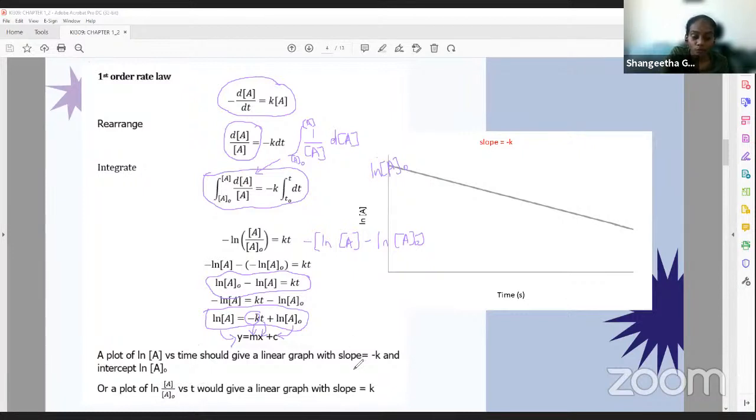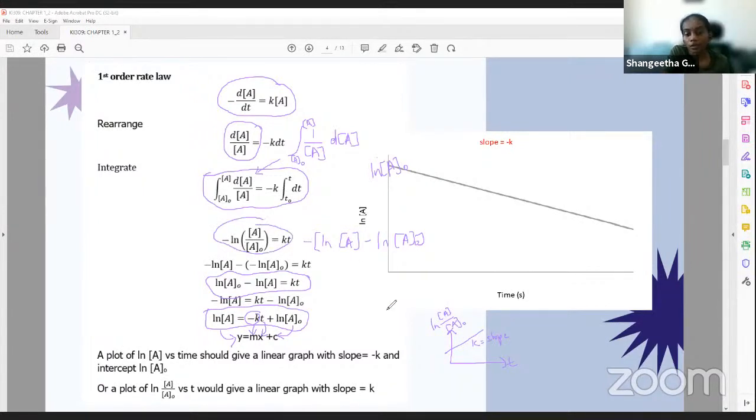Now if you were to plot the graph the other way around, where it is ln A over A naught versus t, you can actually get a straight line where k is a positive slope, which comes from this part here.